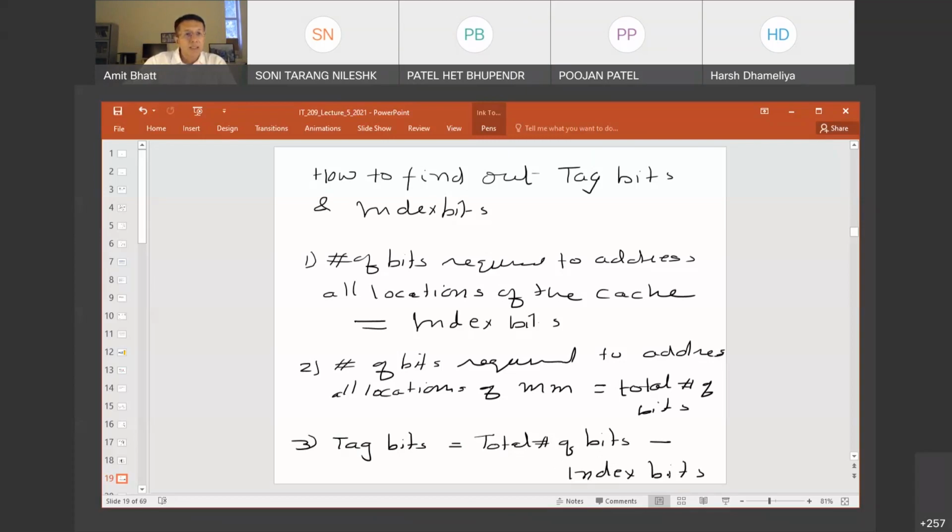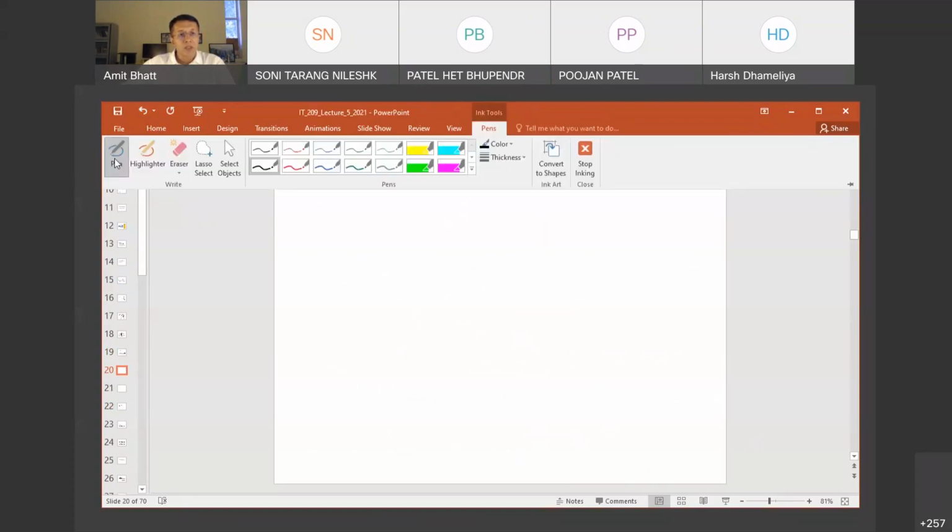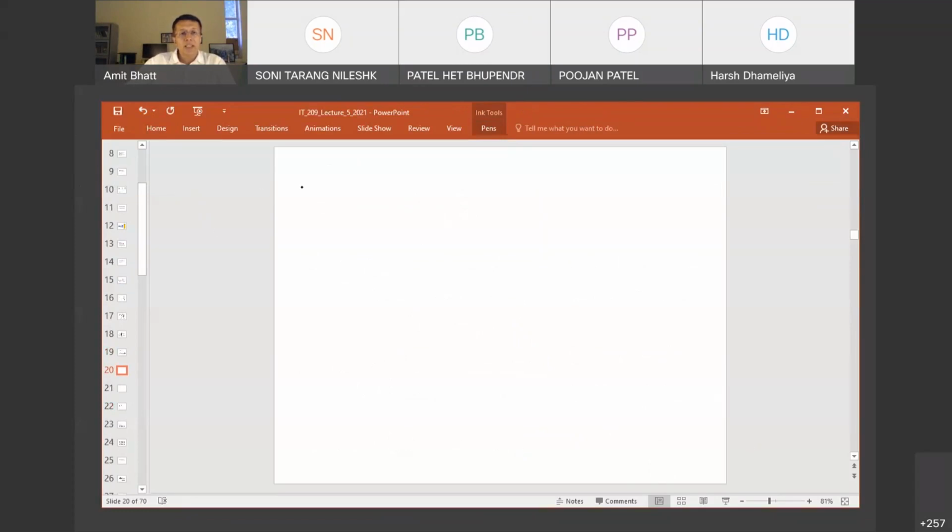Okay, so let us take a practical problem. Someone tells me that I have a cache size of 8K, main memory size of 1 MB.